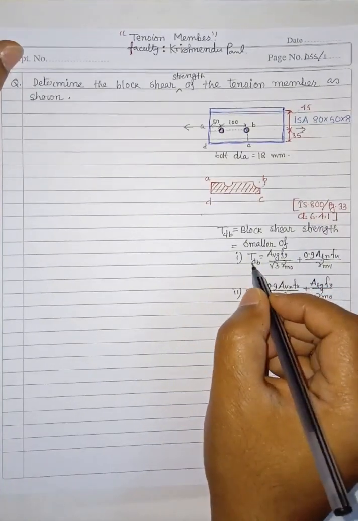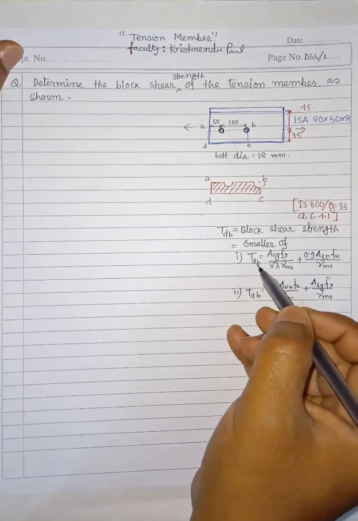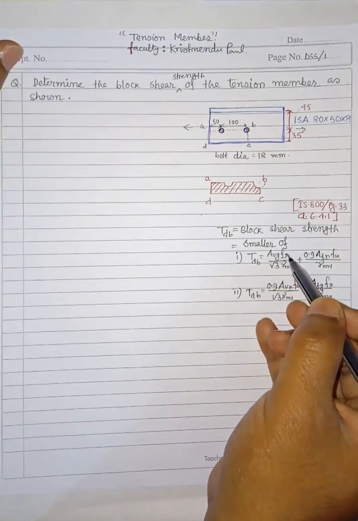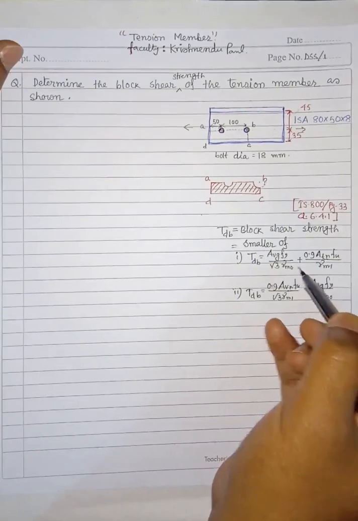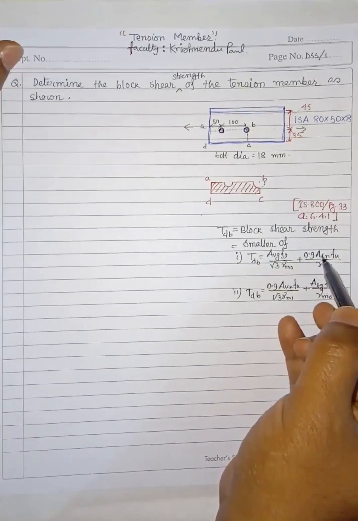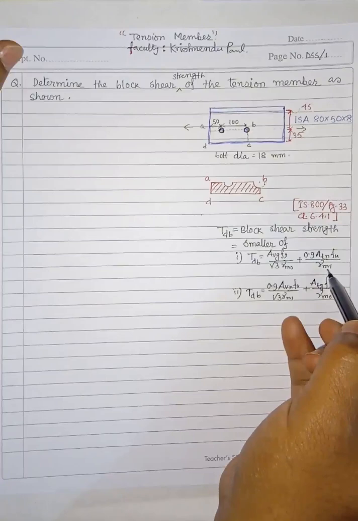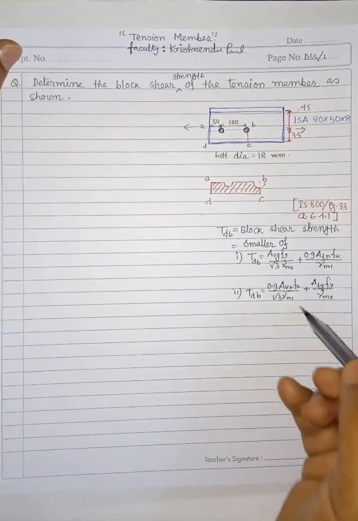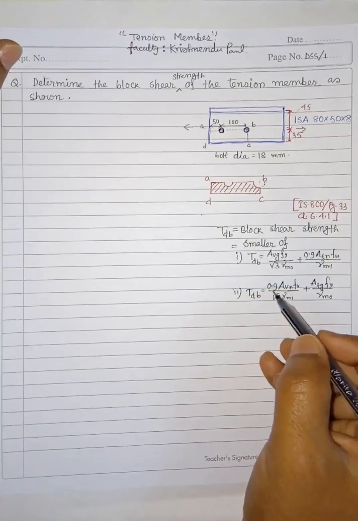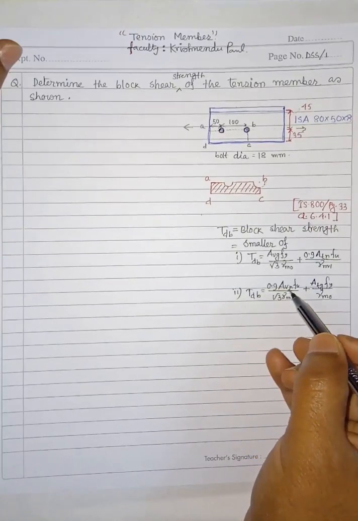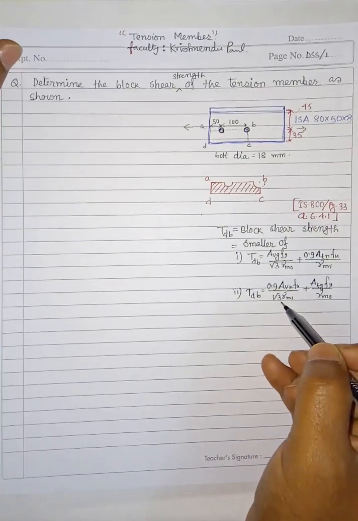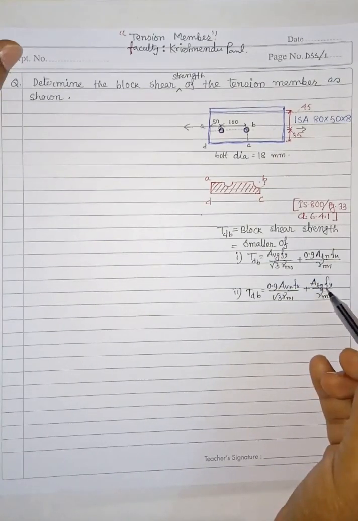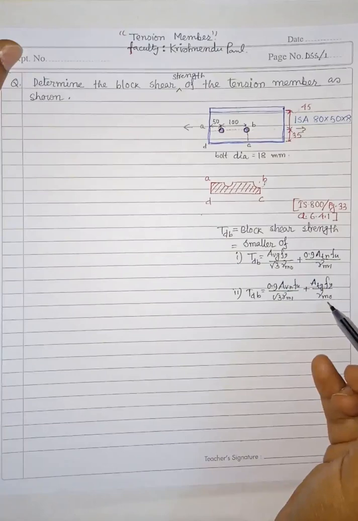In the first formula, Tdb is equal to Avg into fy by root 3 gamma m0, plus 0.9 Atn fu by gamma m1. In the second formula, it is 0.9 Avn fu by root 3 gamma m1, plus Atg fy by gamma m0.